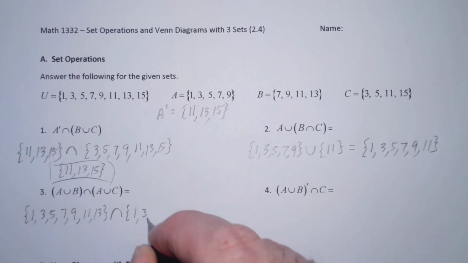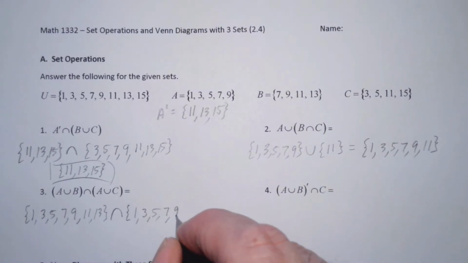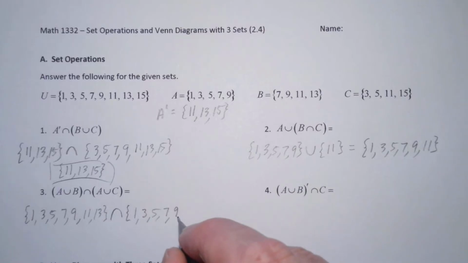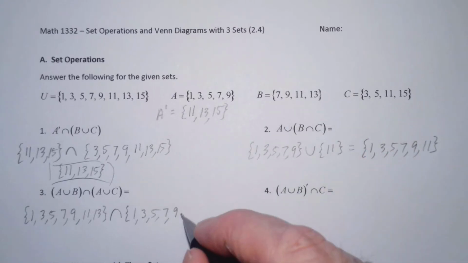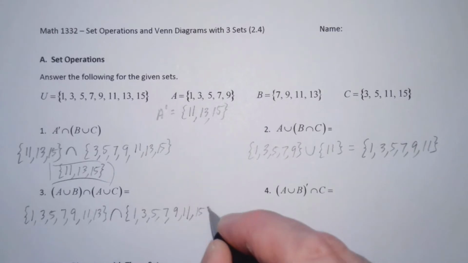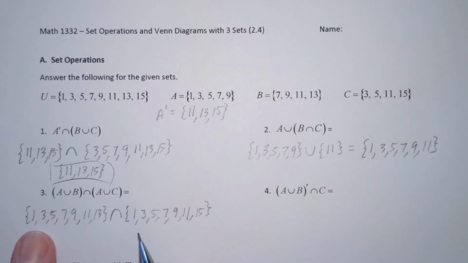1, 3, 5, 7, 9, let's see, 7, 9, 11, 15. So it looks like we have everything up through 11.